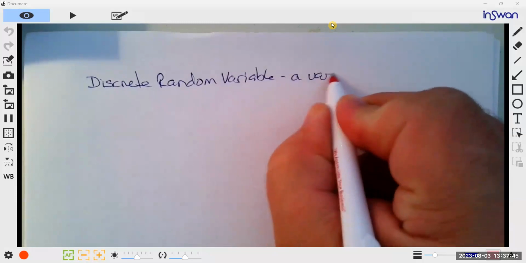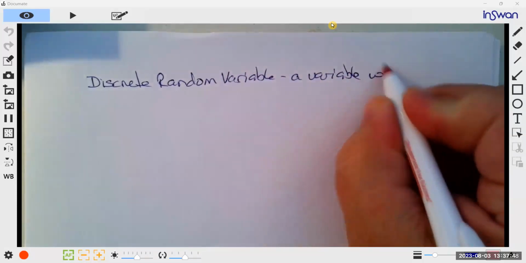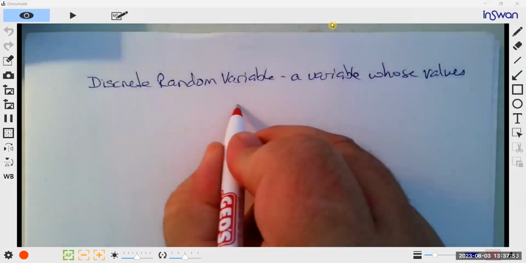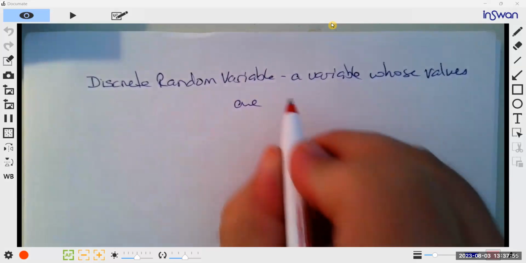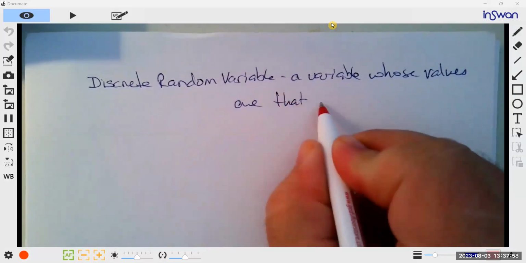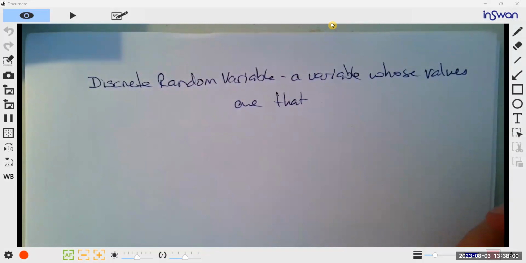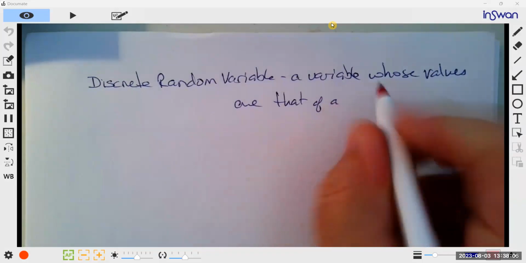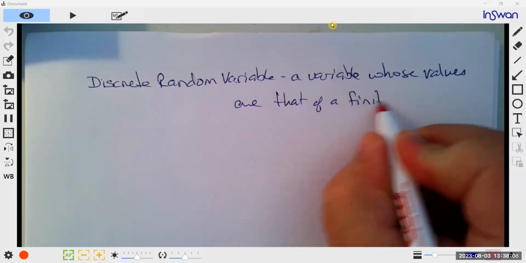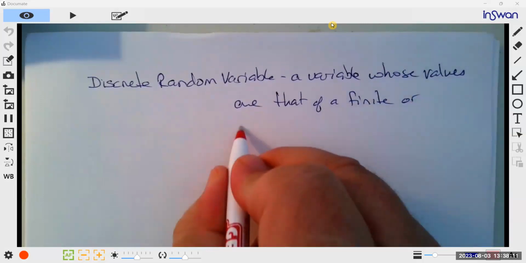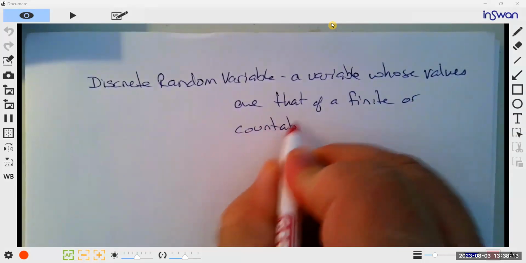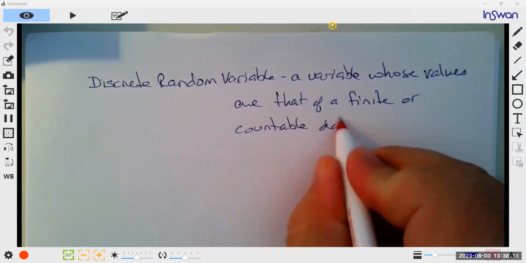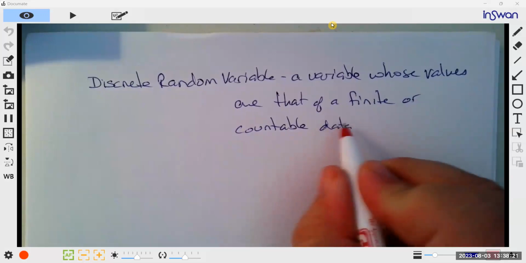is a variable whose values are that of a finite or countable data set or a sample space.